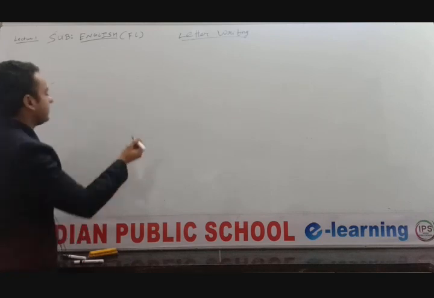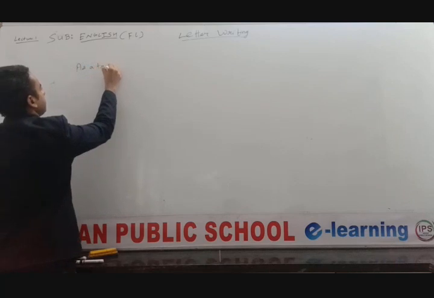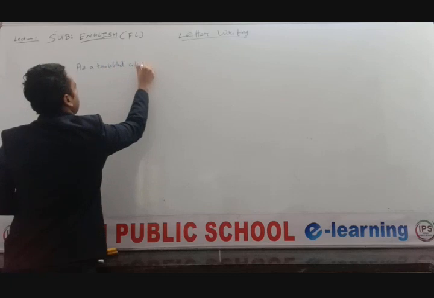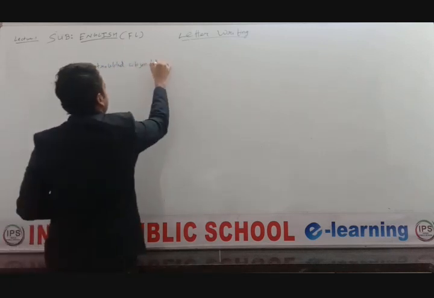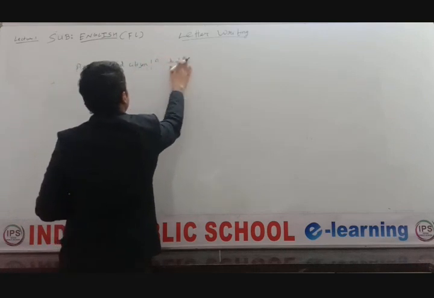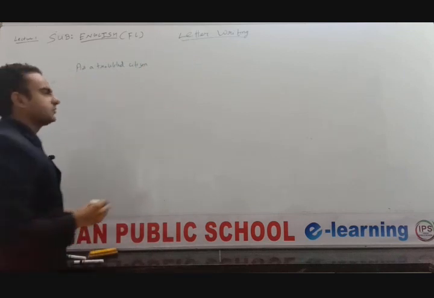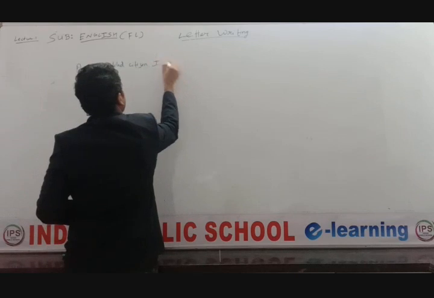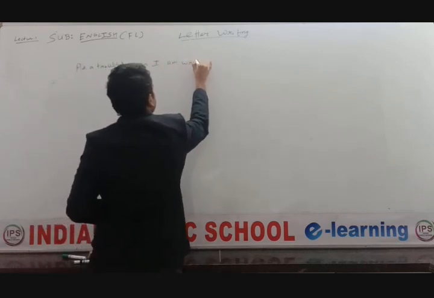So how can you start the letter? As a troubled citizen. As a troubled citizen. If you are mentioning the city, you can also write as a troubled resident of the city. Whatever you write, but citizen is more appropriate. As a troubled citizen, this letter has been written, or you can use personal pronouns.